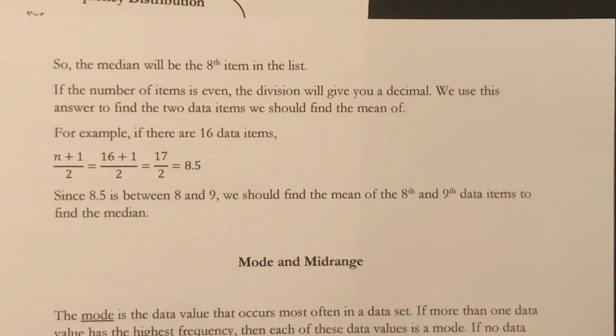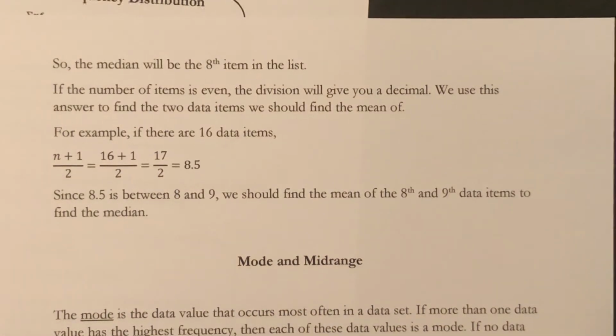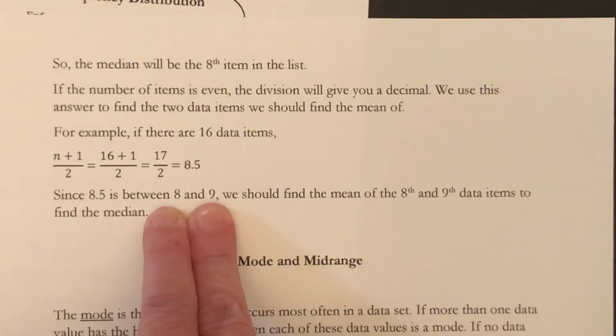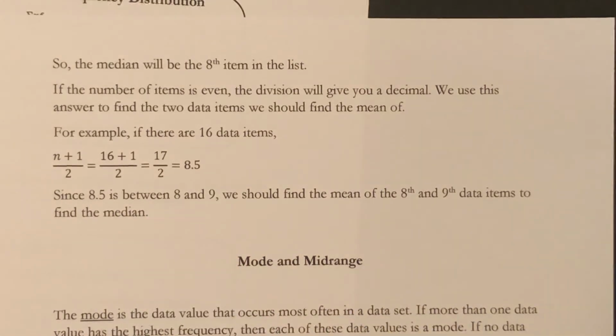Since 8.5 is between 8 and 9, I'm going to find the numbers in the 8th position and the 9th position, and then find the mean of those, and that's going to be my median. I know I'm throwing a lot at you. We are almost done and almost to the examples.